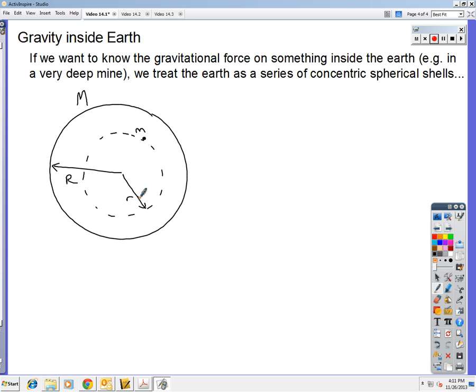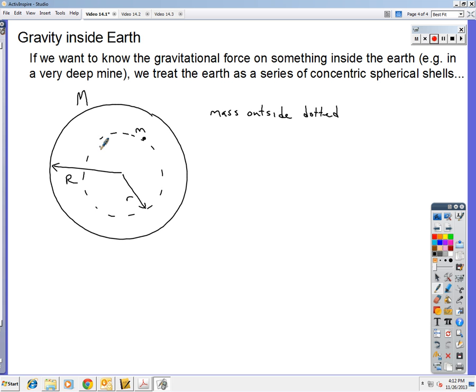Now the first thing we get from the spherical shell rule is that all the mass outside that dotted line, that's a series of spherical shells that are all outside the small mass. The small mass is inside all those spherical shells.